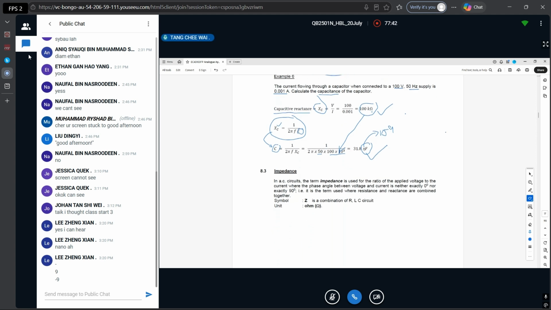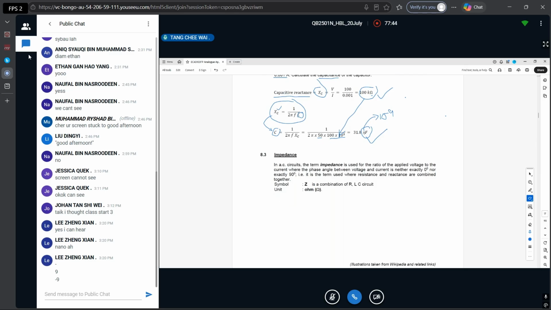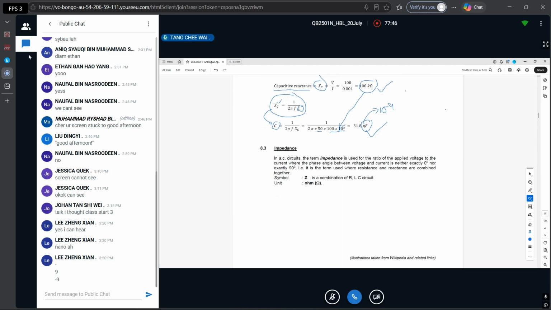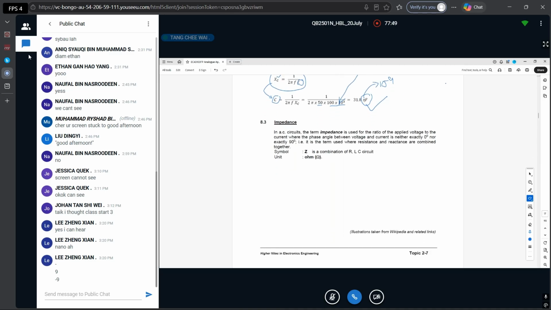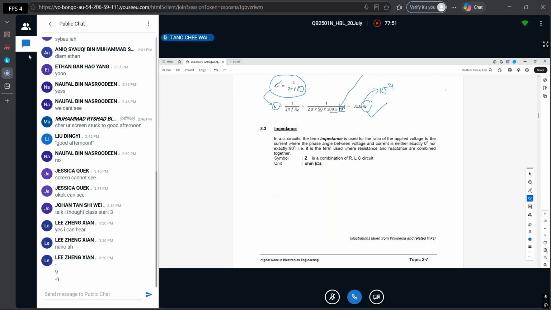Okay, if not, then we are almost coming to the end part already. Okay, last but not least, we come to impedance. All right, so the symbol is a capital Z, or Z, whichever you want to call it.